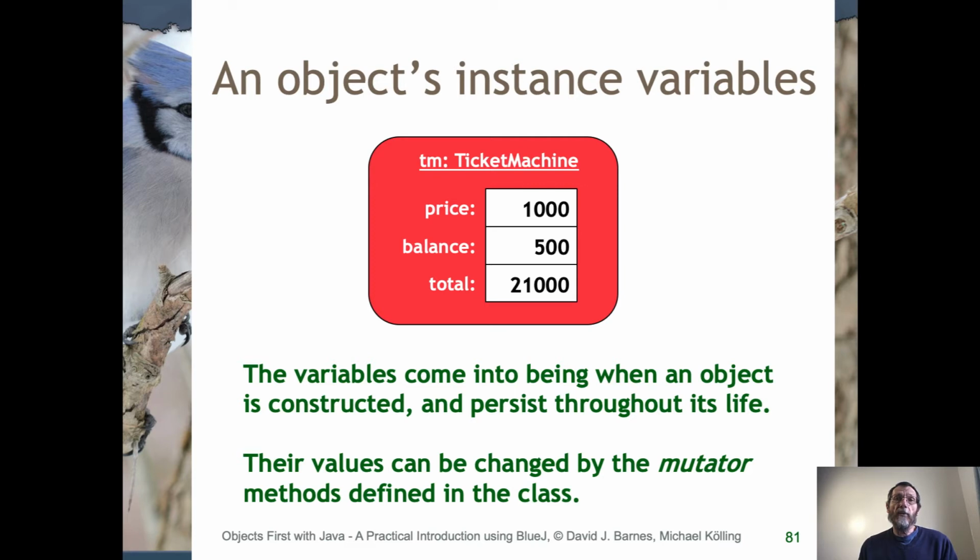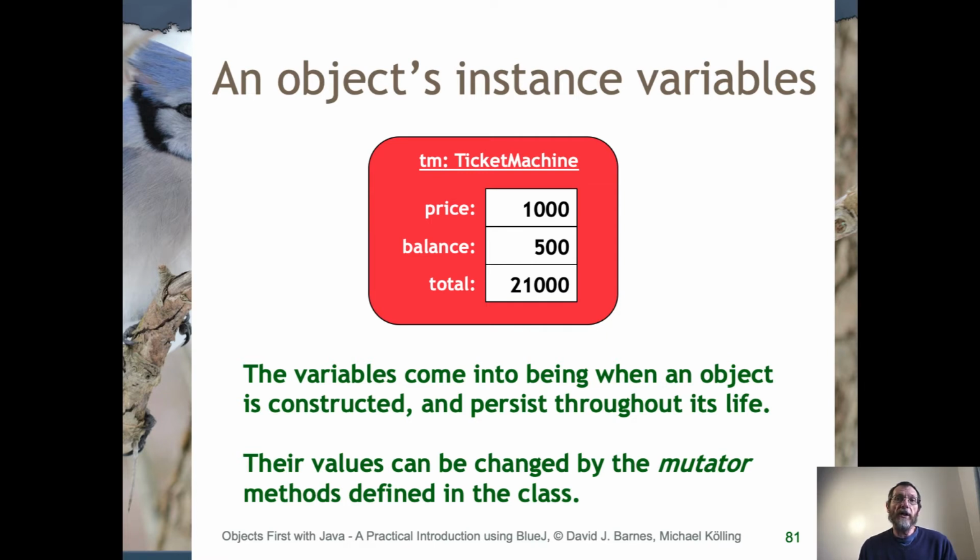Now, those variables come into being when an object is created, and those values can only be changed via the mutator methods defined inside the class, explicitly because we've defined those fields as being private. So the ticket machine class provides encapsulation for the data inside a ticket machine object.